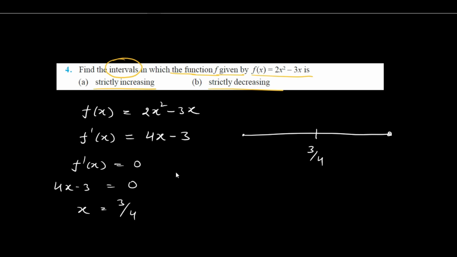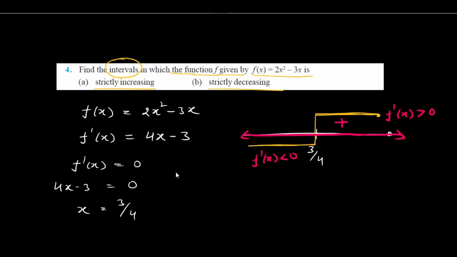Now start from the right-hand side, come to the point 3/4 and take a turn like this. Okay, which portion is above the line? Now you can see this is the line. The portion above the line is where f'(x) is greater than 0, and below the line f'(x) is less than 0.